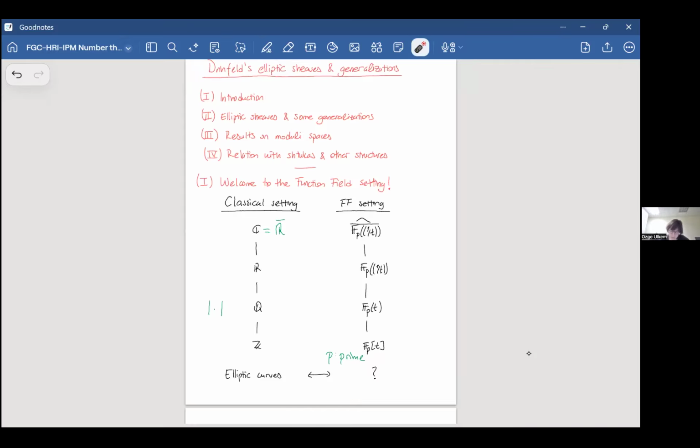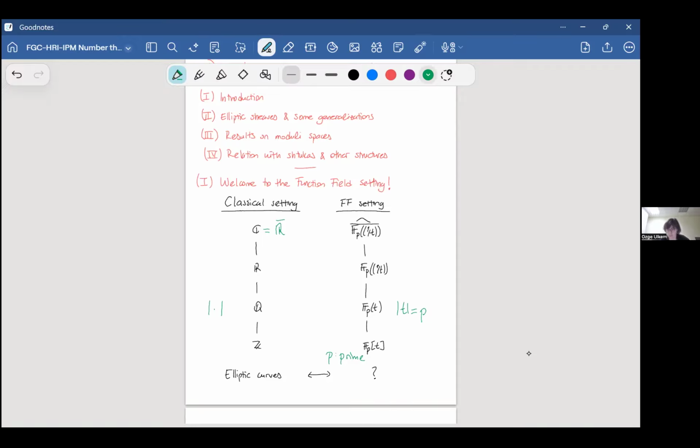We do a similar construction as in the classical setting. First, let's take its field of fractions. Now we consider this field with a norm normalized such that the norm of t is p.